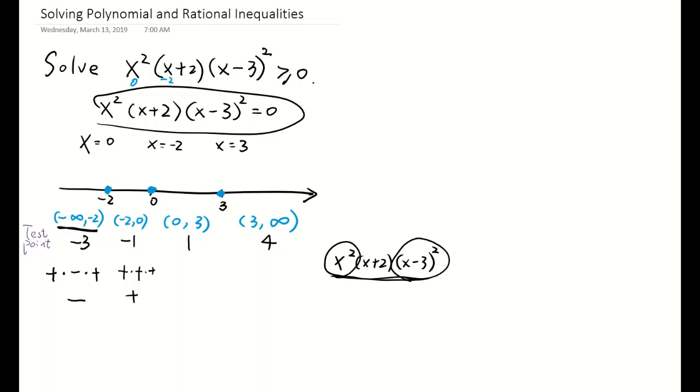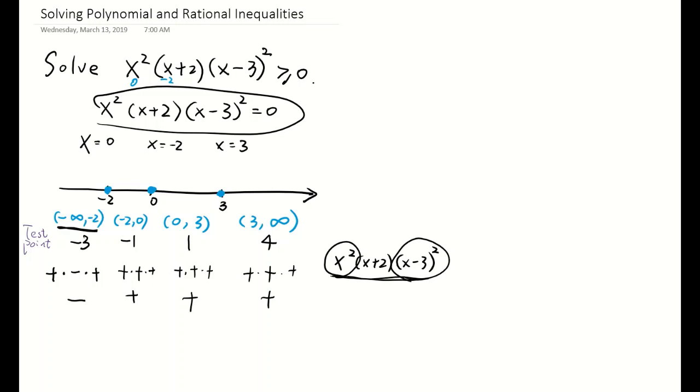Next value, plug in 1. 1 squared positive, 1 plus 2 positive, (1 minus 3) squared positive, overall positive. And the next interval, plug in 4. 4 squared is positive, times 4 plus 2, positive, (4 minus 3) squared, positive, overall positive.